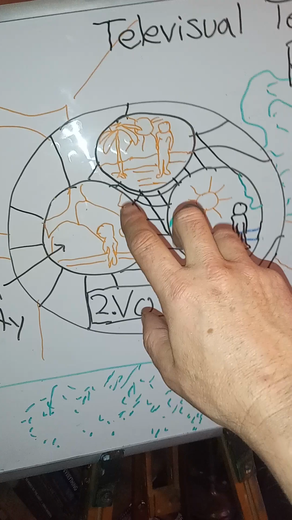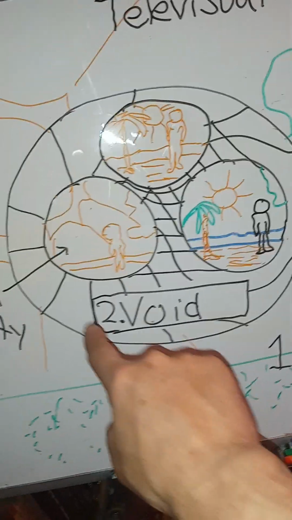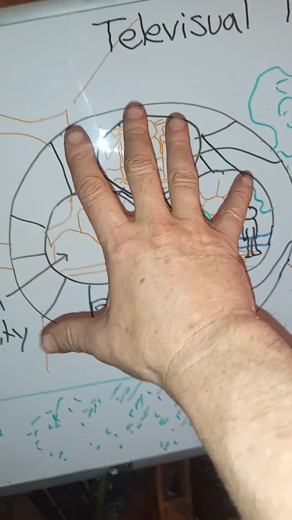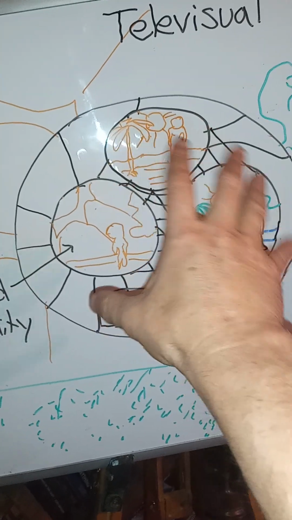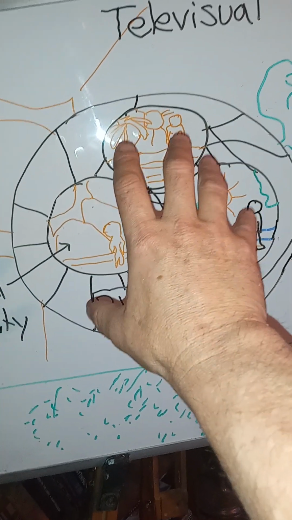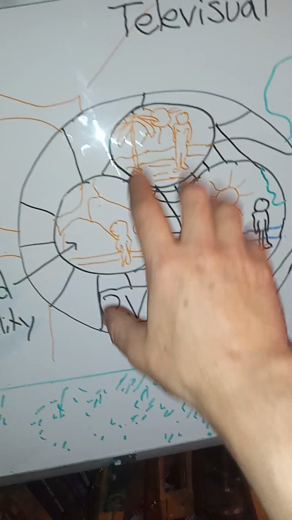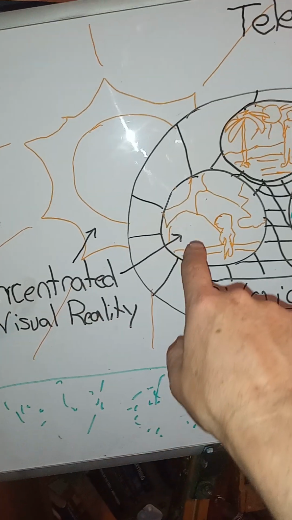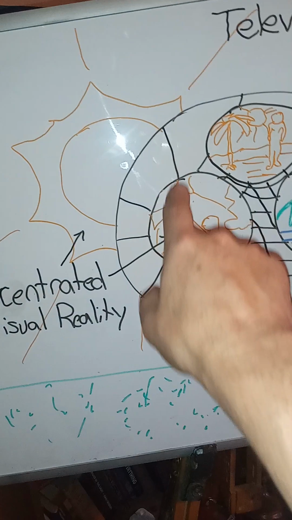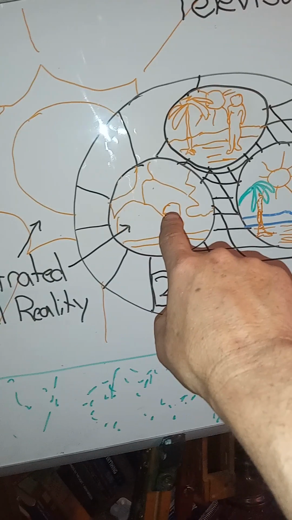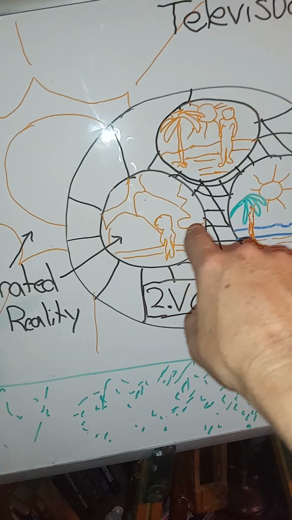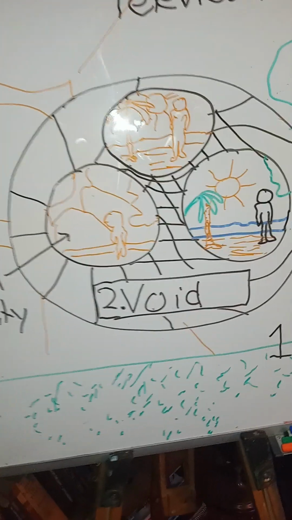Or is it the void, which is the concentrated reality, the concentrated hidden reality of nothing, of no visual reality? Or is it the concentrated reality that's being sent through from the back end of this visual reality?